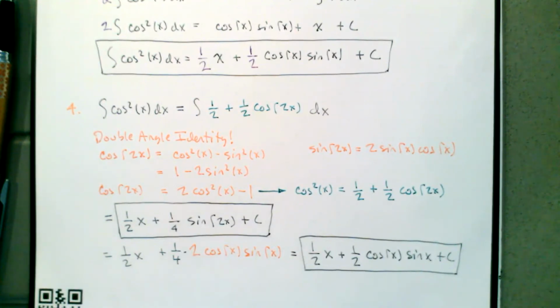So the point is, all those identities that we may or may not remember, it's not important to remember precisely what the identities say. It is important to remember that the identities exist, because you can always look them up.